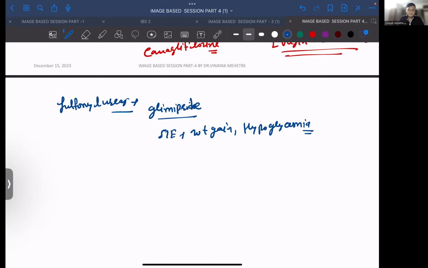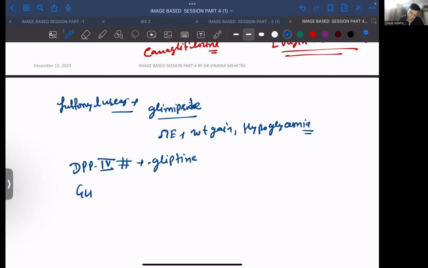एक बचा है और. Which drug is remaining? DPP4 inhibitors. Gliptins, है ना? Gliptins, sitagliptin, yes, correct.